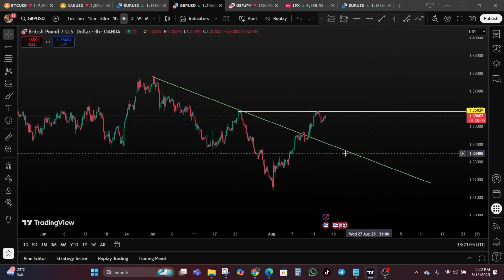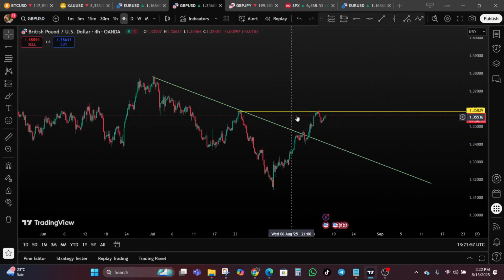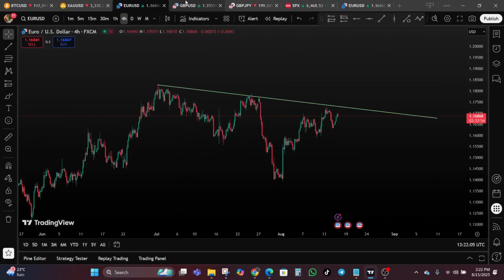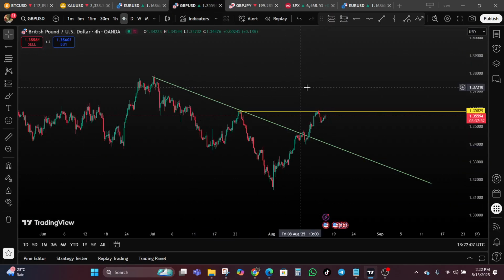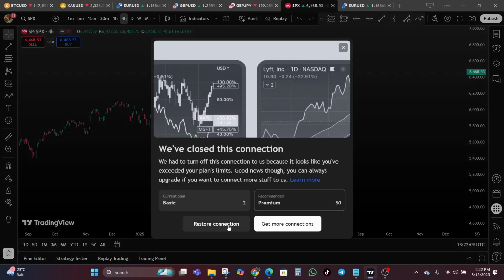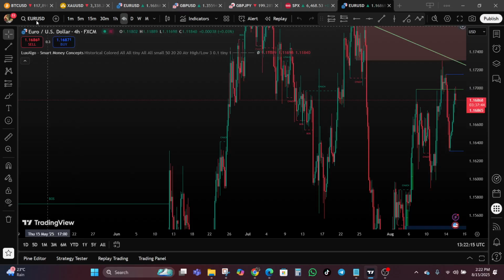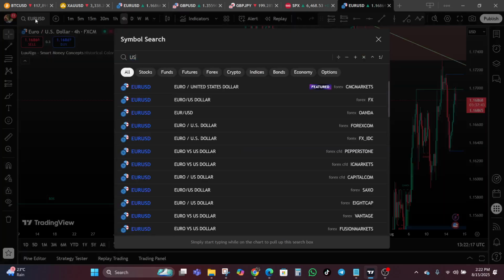To spot an SMT divergence, you first of all choose two correlated markets, just like the example we gave between EUR/USD and GBP/USD, or you can even decide to use indices if you are an indices trader. This is the S&P 500, so maybe we can open the Nasdaq, for example, US 100.